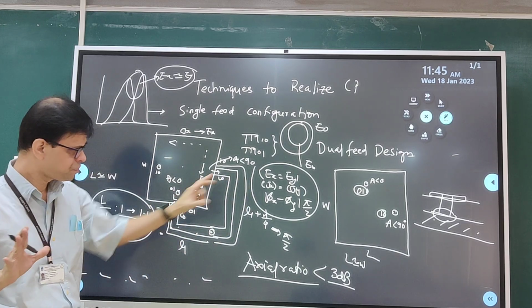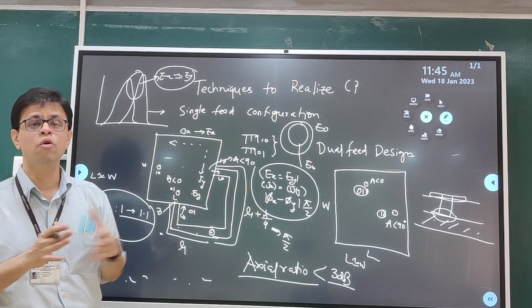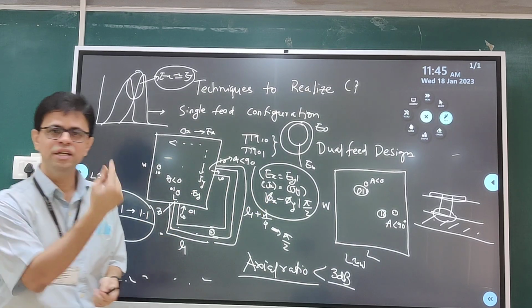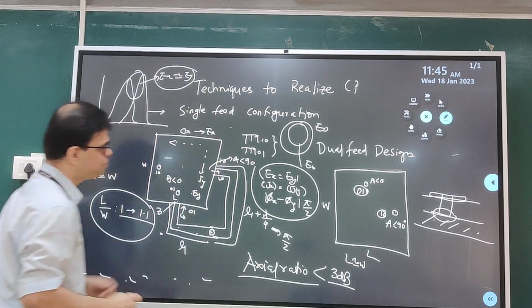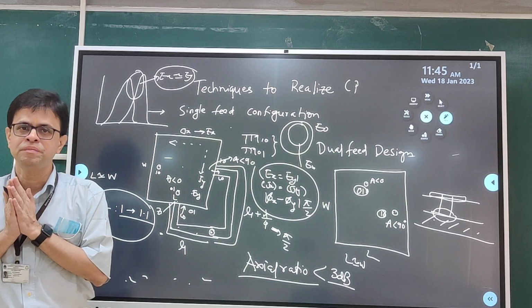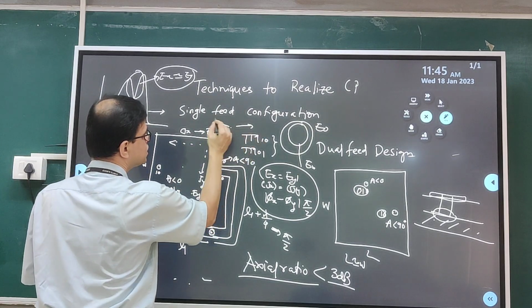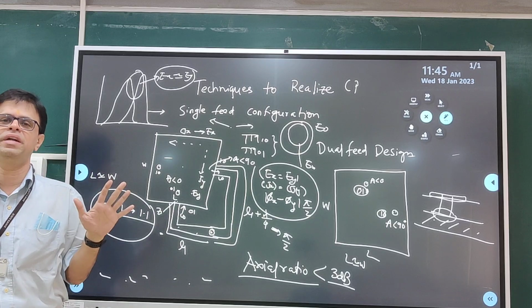Again I am repeating, these conditions for CP may not be realized over a band of frequency. That condition may be realized at a given point. Away from that point, the conditions for CP radiation are not met.